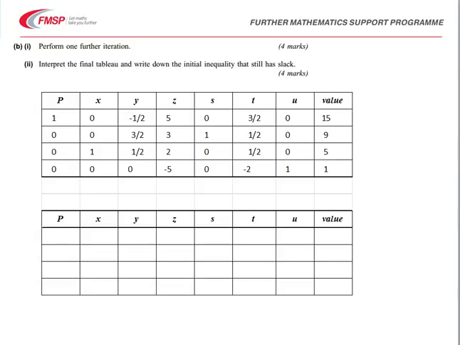In part B of the question, we're asked to do one further iteration. So our pivot column is now the Y column because it's got that negative value. So we now need to do some divisions. 9 divided by 3/2 is 6. 5 divided by 1/2 is equal to 10.